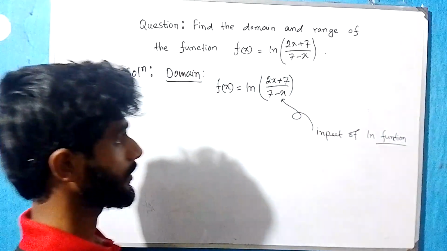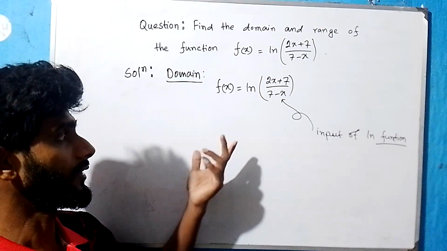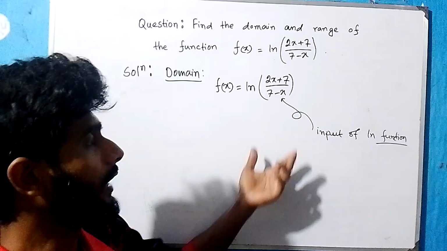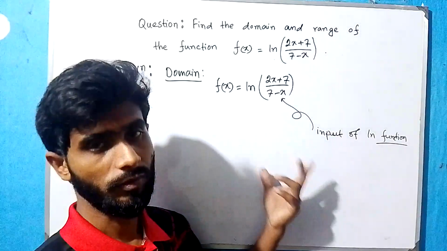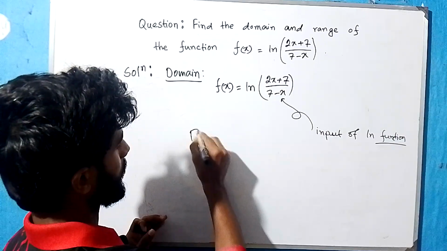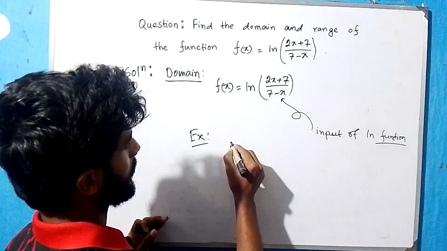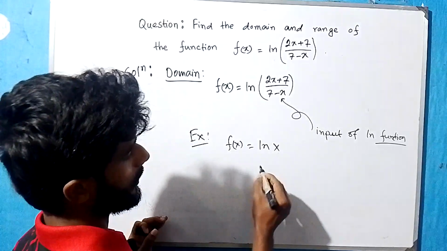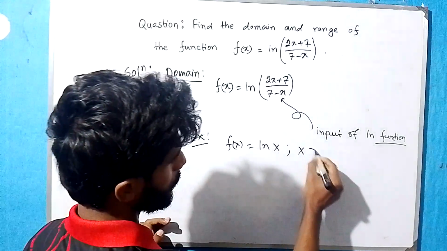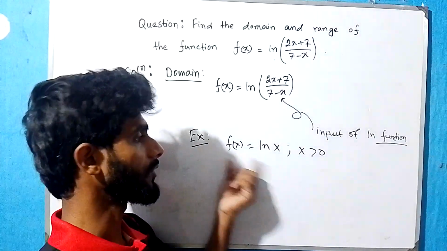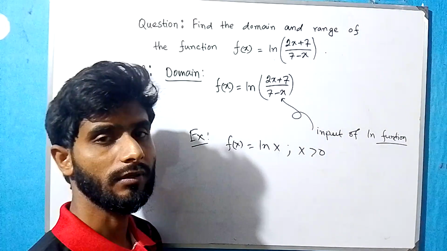We know that the ln function is defined only when the input is a positive number, right? So if I take an example, f of x is ln of x, then x has to be greater than 0, then this function is defined, otherwise not, right?